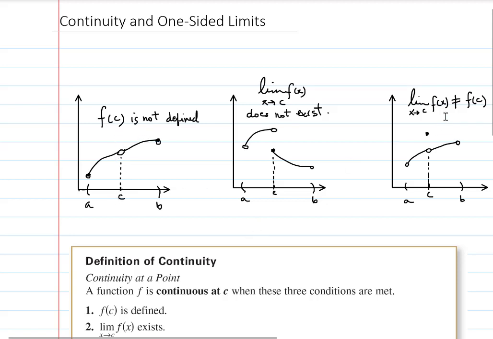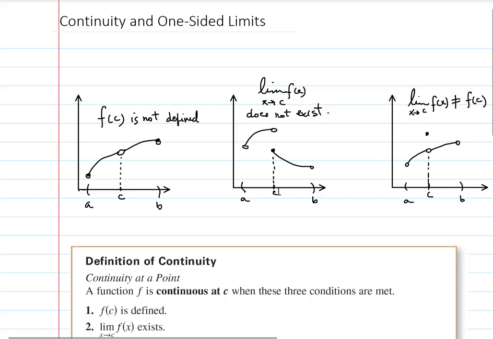Also here in the third one, f of c is already defined, but if we redefine f of c such that the point fills in the hole, then we'll have continuity on the open interval from a to b.